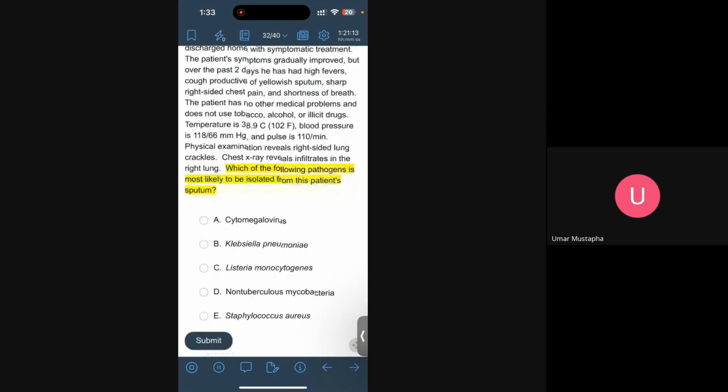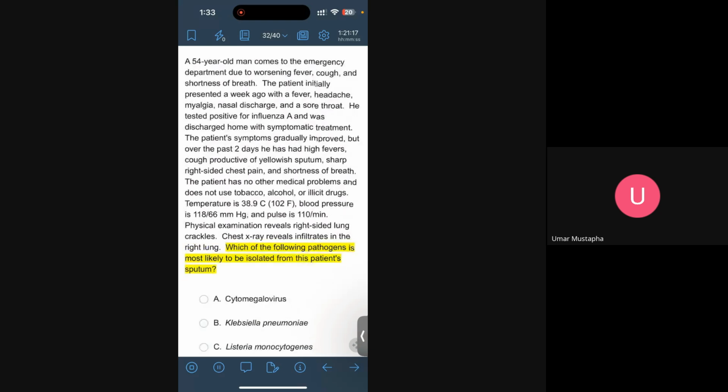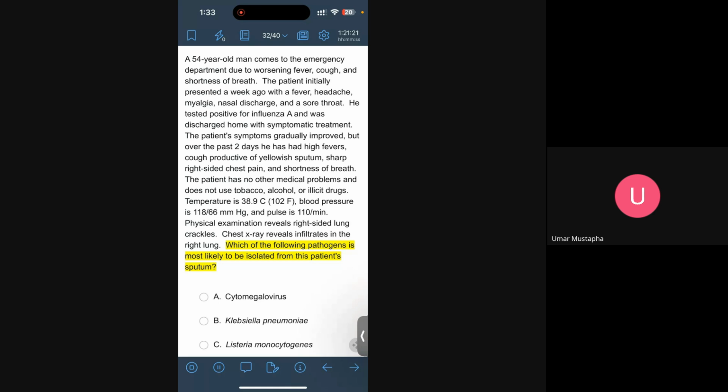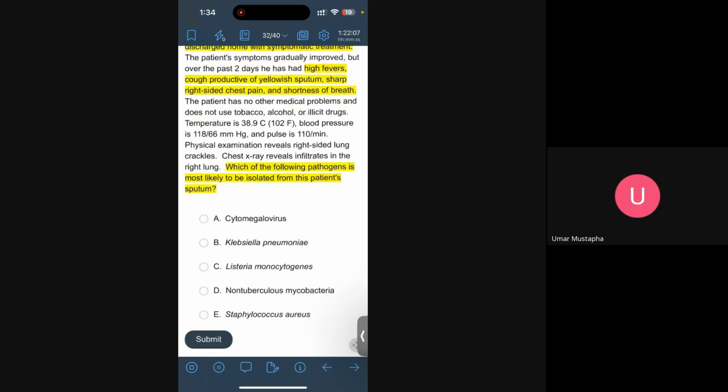Which of the following pathogens is most likely? See the options. He tested positive for influenza A. High fevers, etc. Post-influenza, which bacteria causes the infection?